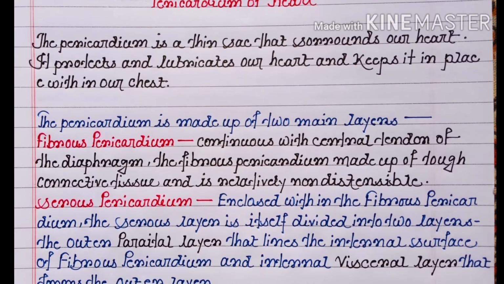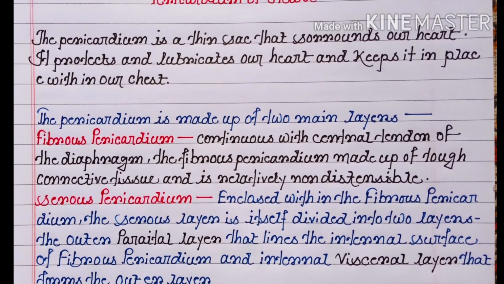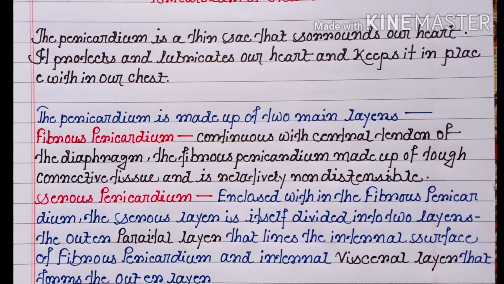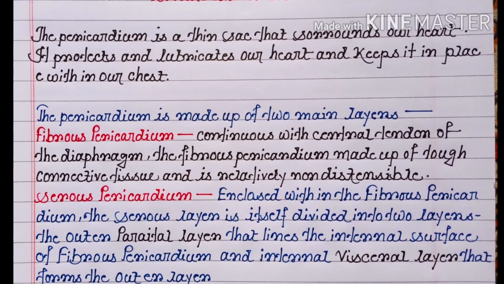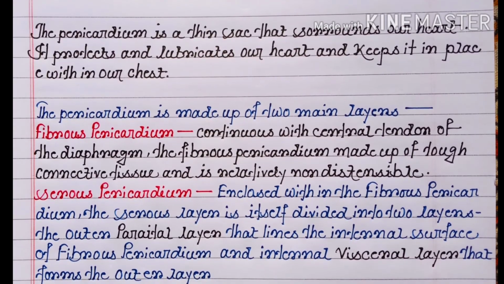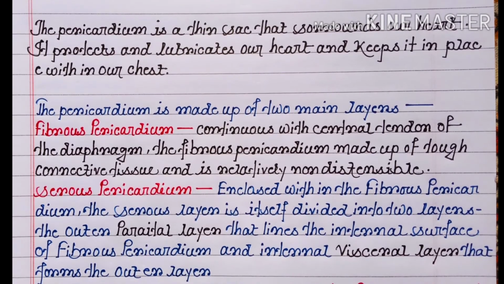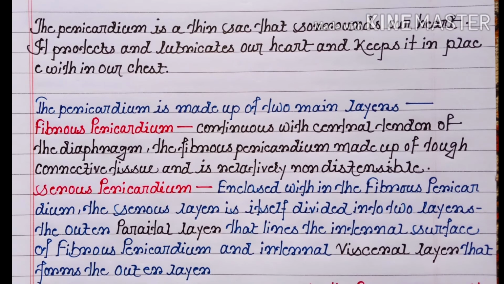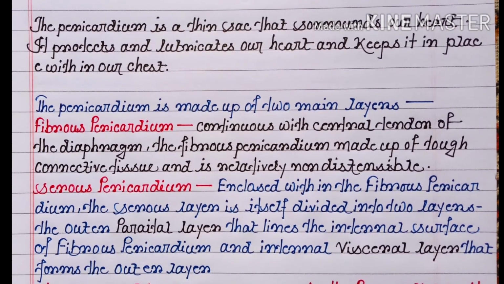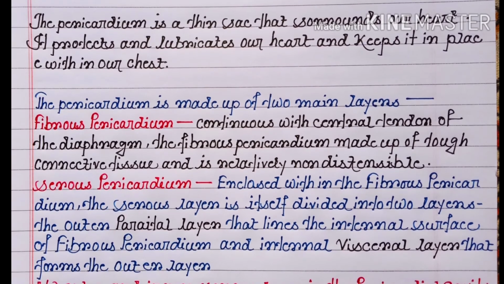The fibrous pericardium is continuous with the central tendon of the diaphragm. The fibrous pericardium is made up of tough connective tissue and is relatively non-distensible. But in the case of the serous pericardium, this is enclosed within the fibrous pericardium.